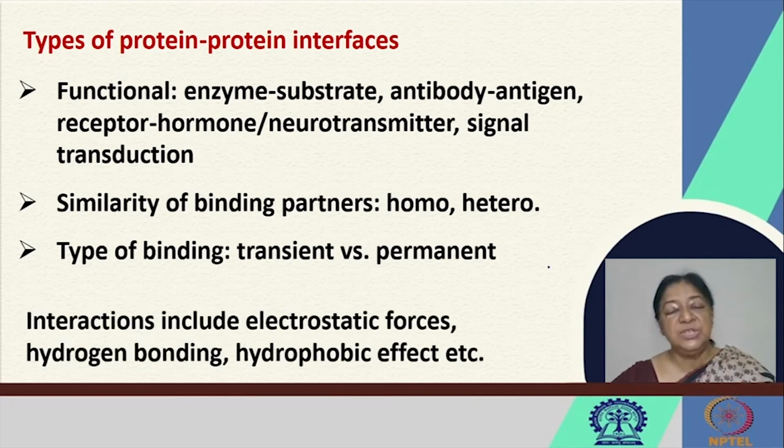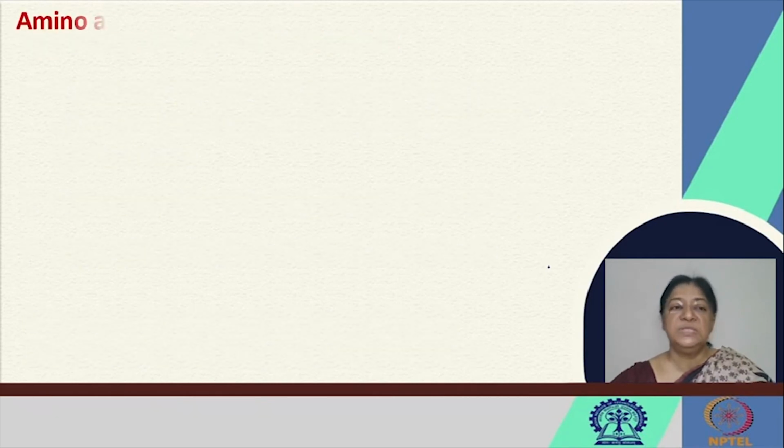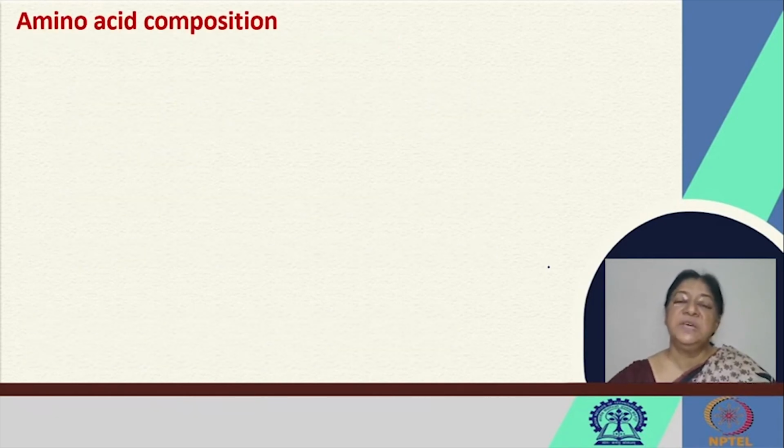So the interactions that occur in these specific types of protein-protein interfaces could include electrostatic forces, hydrogen bonding, hydrophobic effect, similar to what we see in the specific types of interactions that we saw in tertiary structure, the non-covalent types of interactions.